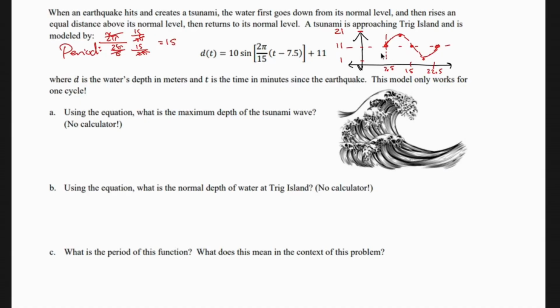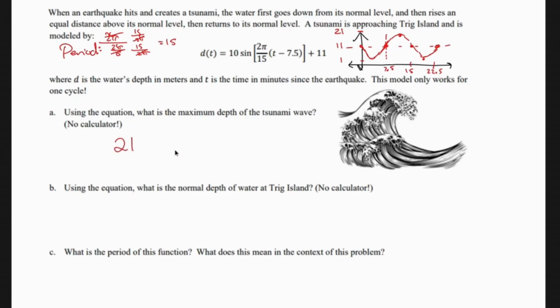So you're just going to bottom out and do that. So there we can see that once this begins, it goes below like it said it would, and then comes back up. It says it only works for one cycle, but I drew a picture of 1.5 cycles. No big deal.